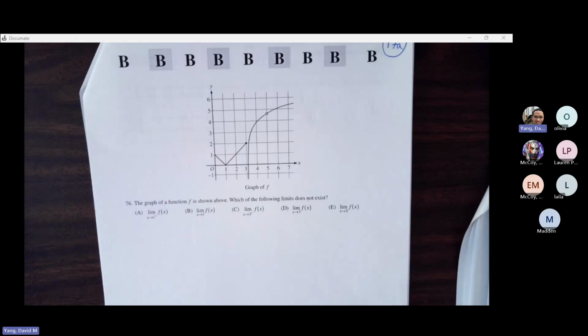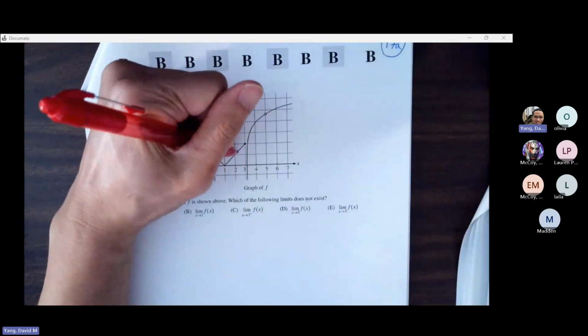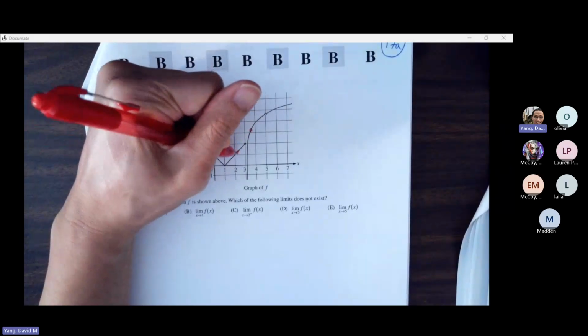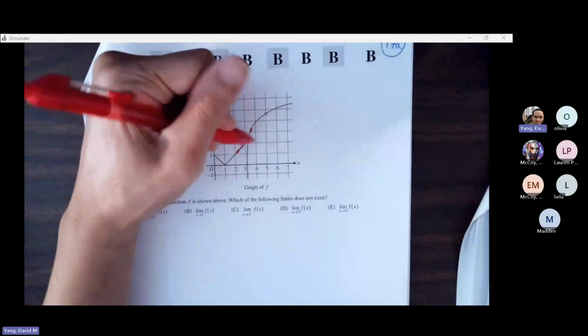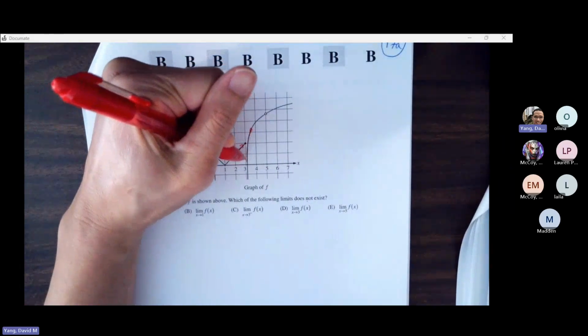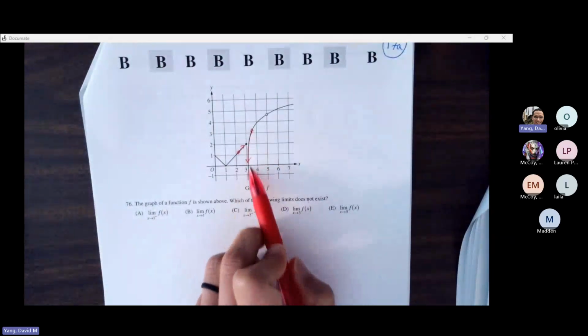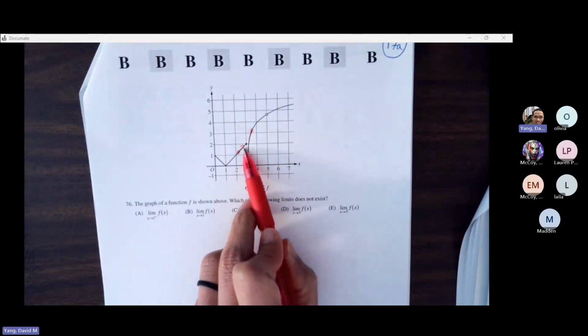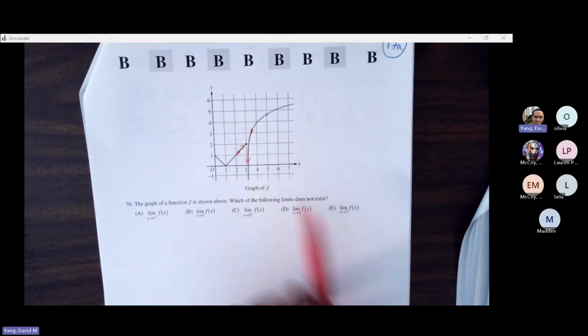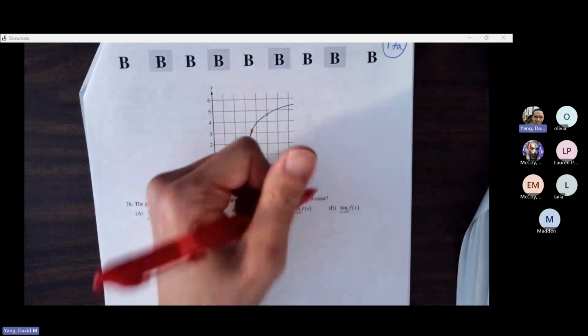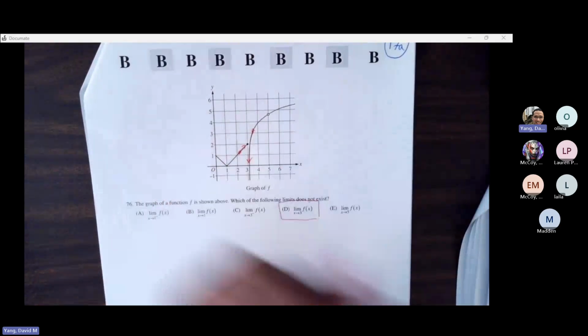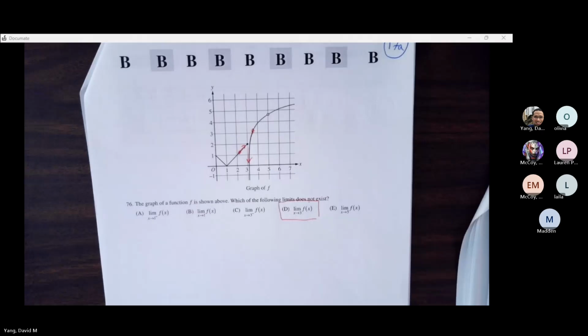So 3 is a good candidate, because if I pick points on either side of 3, one side is headed towards a y value of 2, the other is headed towards a y value of -infinity. The arrows are not matching up. They're not pointing to the same destination, so therefore the limit doesn't exist.